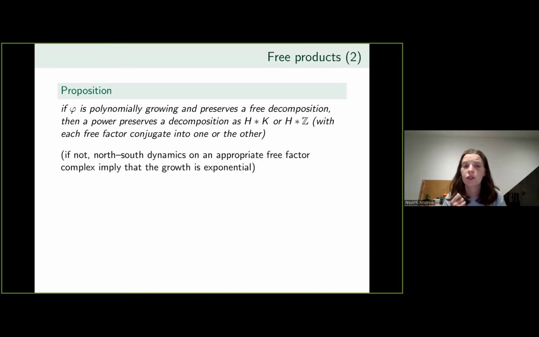And each free factor of my original decomposition is conjugate into one of the H or K going on here. What makes this go is north-south dynamics on the right free factor complex. If you fail to do this, then you can cook up some exponential growth.